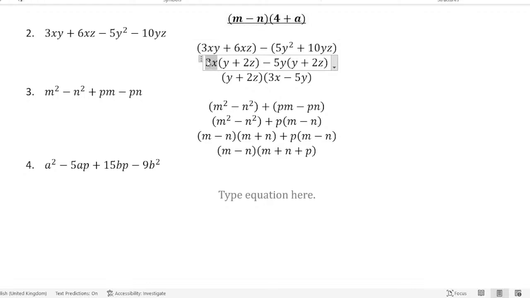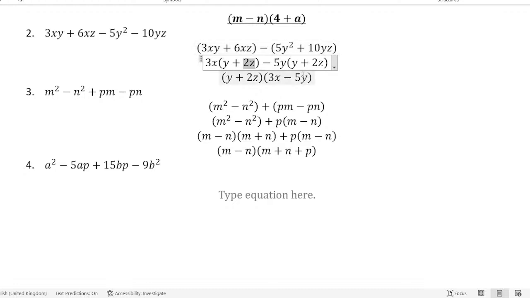When you take out 3x, here we'll be left with y. Then on the second term, we'll be left with 2z. Remember, 6 divided by 3 is 2, and xz divided by x will cancel x and we're left with z, right?